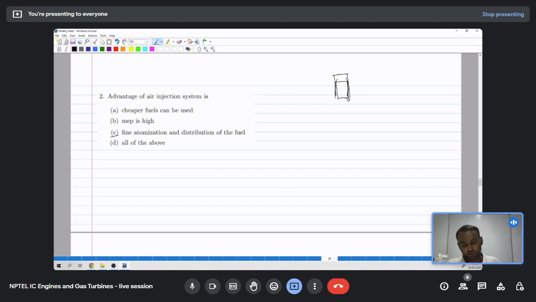When you have an air injection system, we can avoid this problem, and we can use any kind of fuel for burning. So we can have cheaper fuels, and mean effective pressure can become high. So all of the above is the answer.